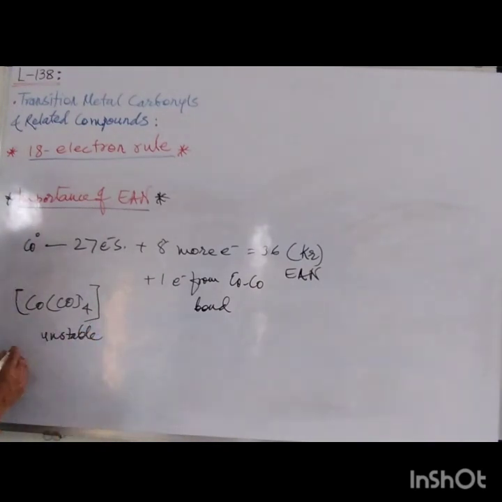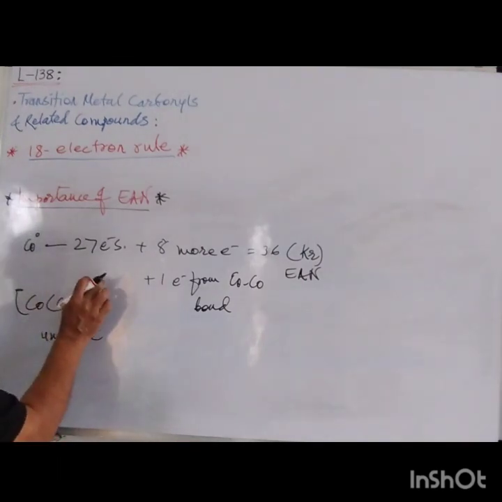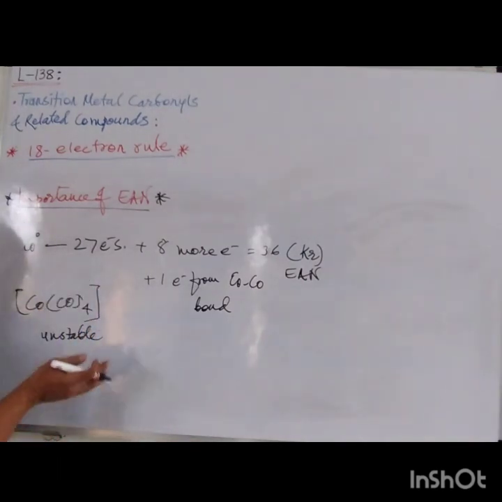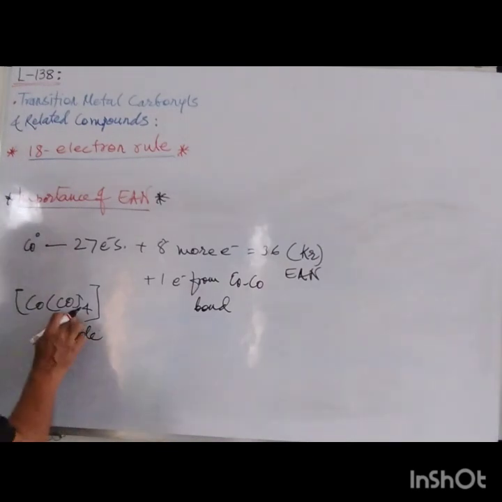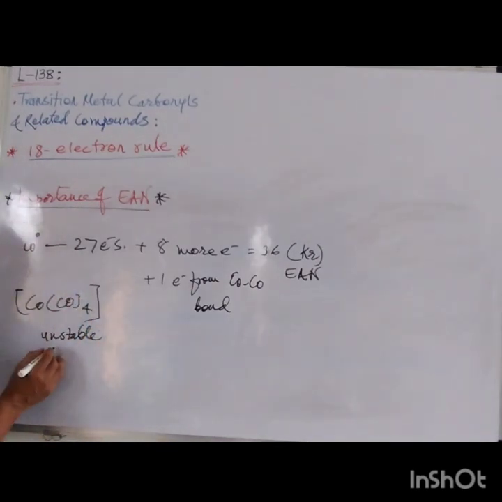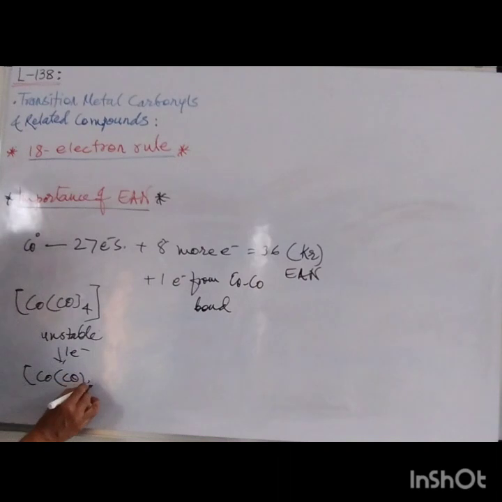So the species similar to this can be stabilized by accepting one electron. So this complex can accept one electron. So by adding one electron, it gives Co(CO)4 minus.